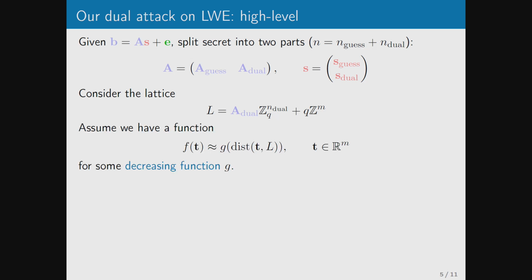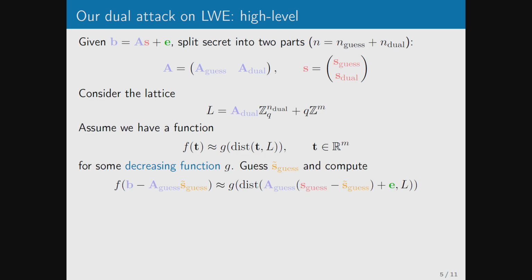The next step, which I'll explain in the next slide, is that we somehow assume that we're able to build this function f that, given any vector t, somehow measures the distance between t and the lattice L. This might not be the most canonical presentation of the attacks, but let's assume we can do that.